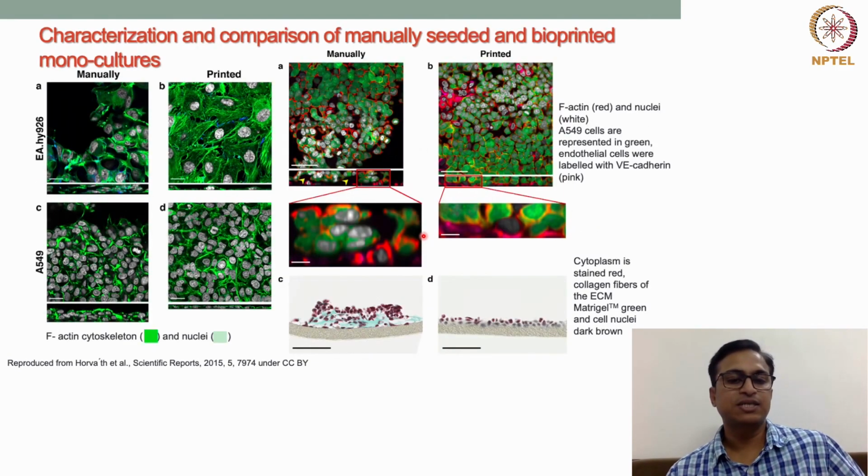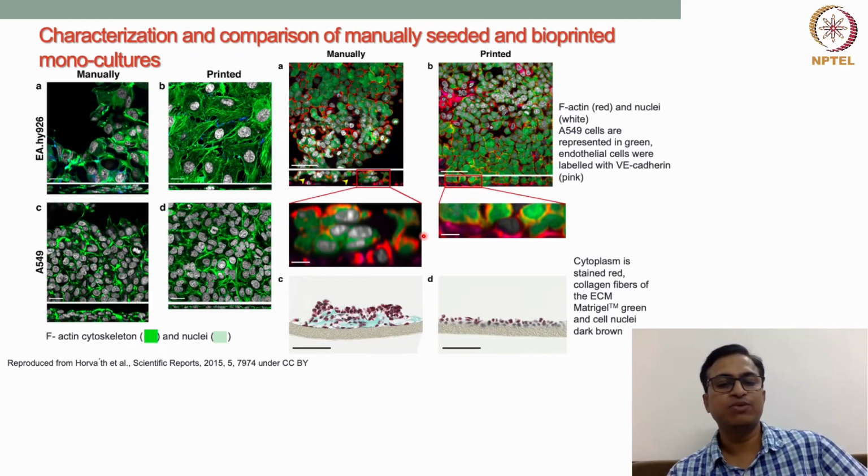Now let us see the difference between these two techniques, whether there is any difference in outcome. Here you can say this column is for manually seeded and this column is for printed. You can clearly see that when the cells are manually seeded, they do not form a continuous monolayer structure.